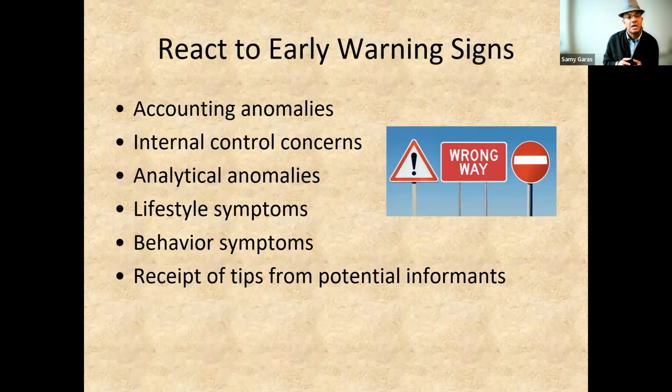Here, react to early warning signs, the red flags. If we find a mismatch in the accounting numbers, this might be a hint for a fraudulent case. If there is any weak internal control system and there is no segregation of duties, no reporting, no documentation processing, so everything is loose, this will be a good sign for a fraudulent transaction to happen.